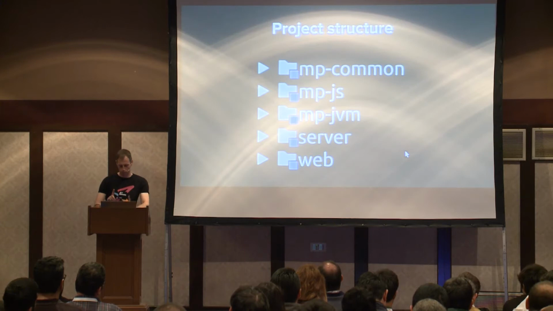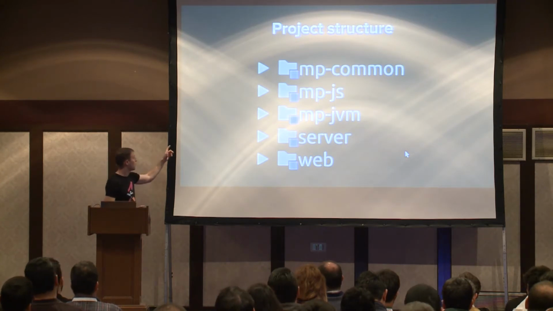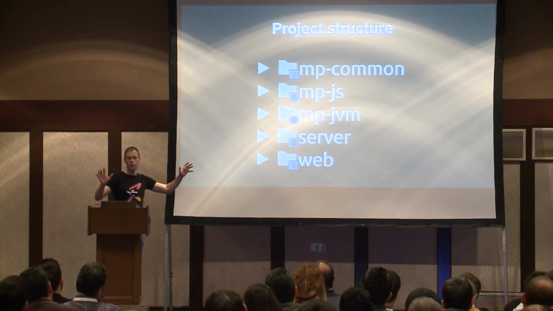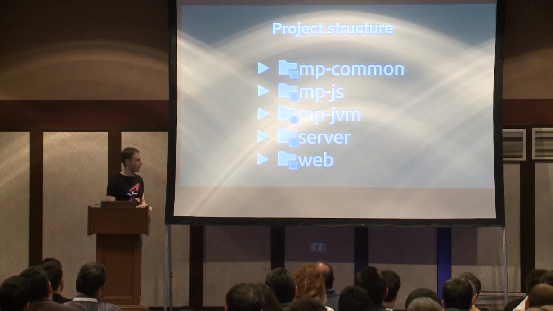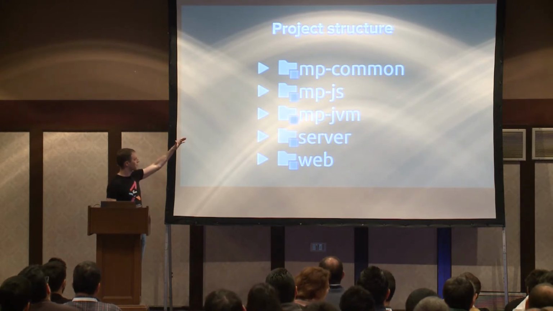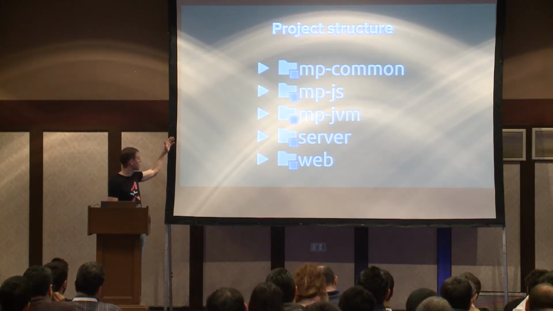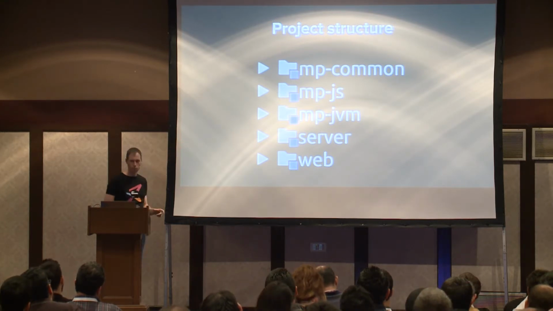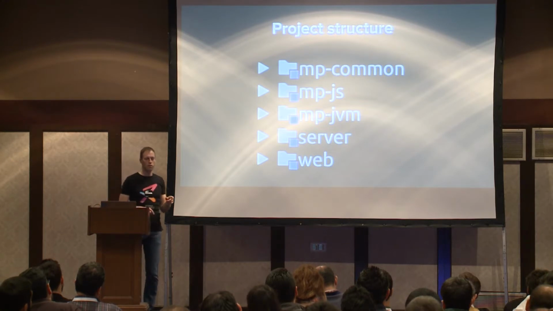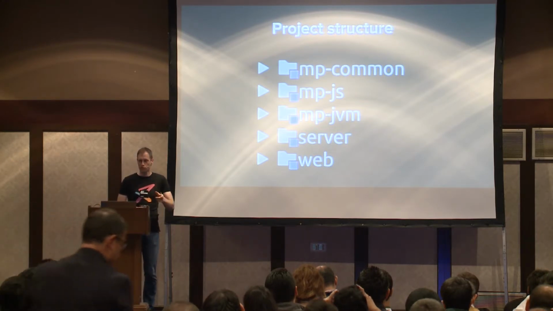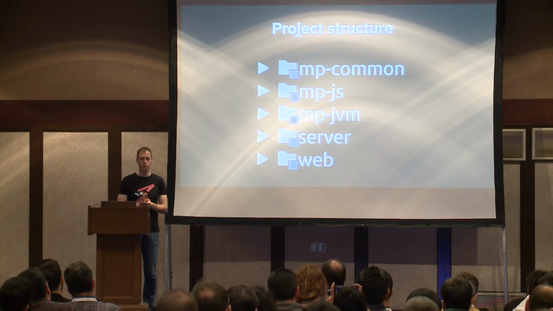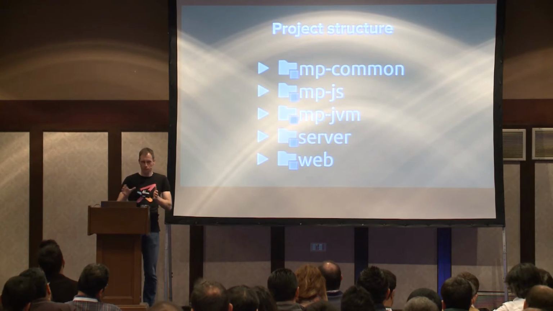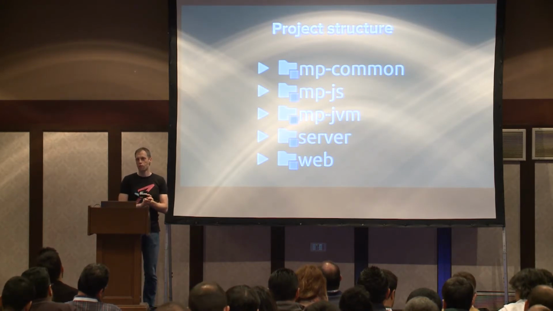What we will have here is 5 modules, because we are writing a big enterprise to-do list application. We'll have a common module shared between 2 platforms, JavaScript and JVM. Android platform is also already supported, so you can write Android-specific code in a separate module.